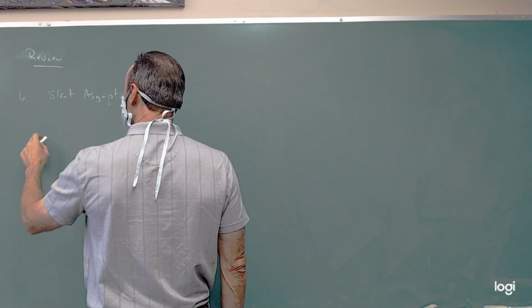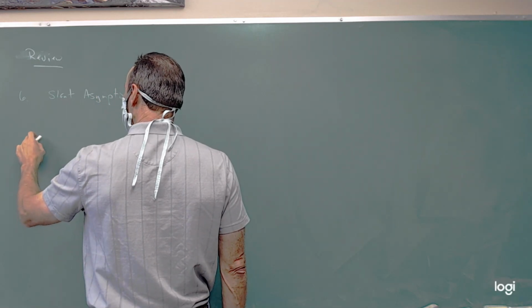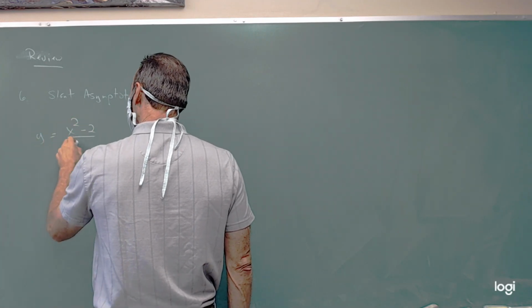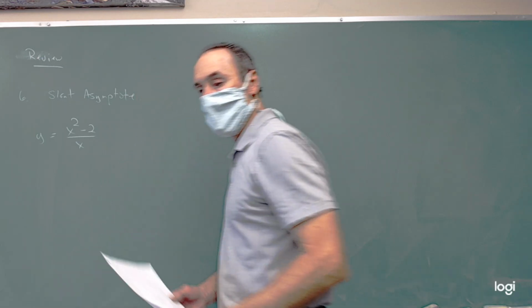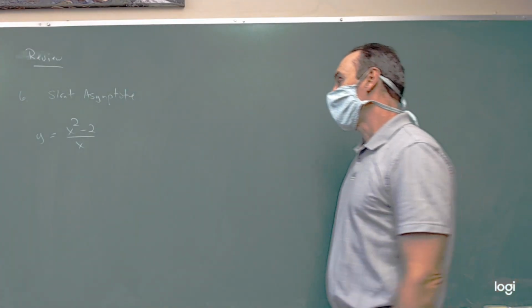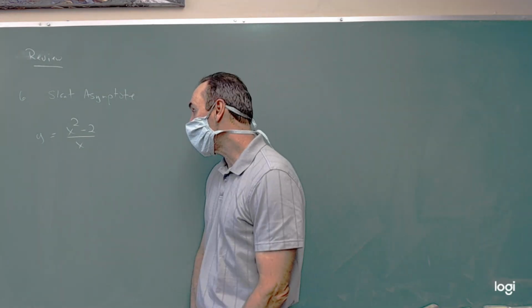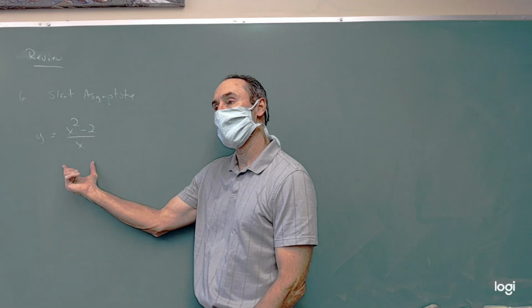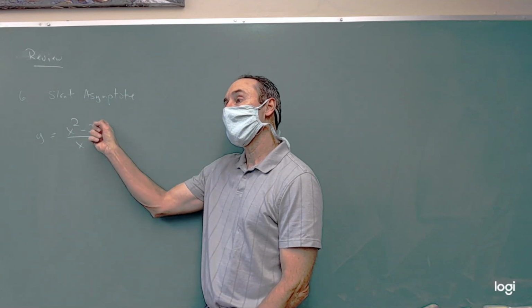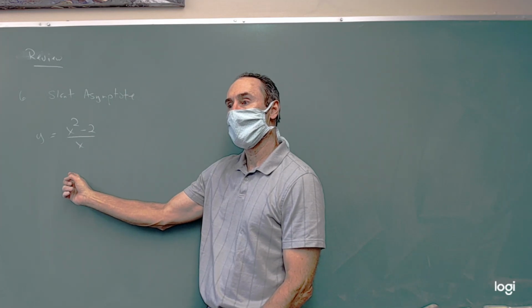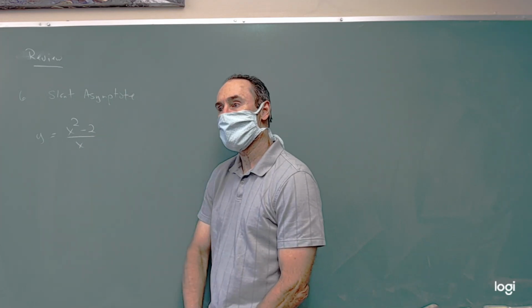So do you remember the original function? Y equals x squared minus 2 over x. So it's been a while since we've talked about slant asymptotes, but back in our AP prep days, what we said is if you have a rational function, a polynomial over a polynomial, and if the degree of the numerator is 1 bigger than the degree of the denominator, that will lead to a slant asymptote.